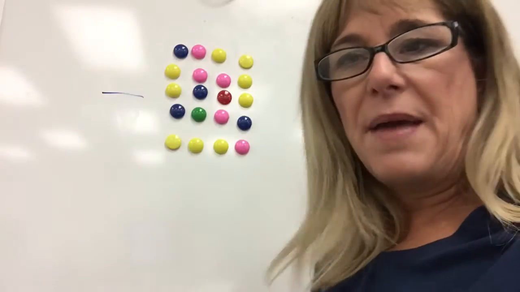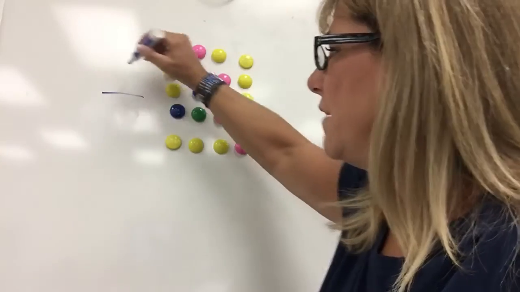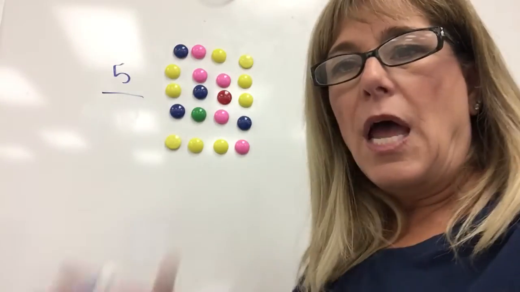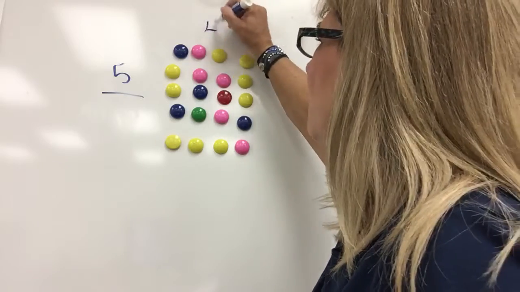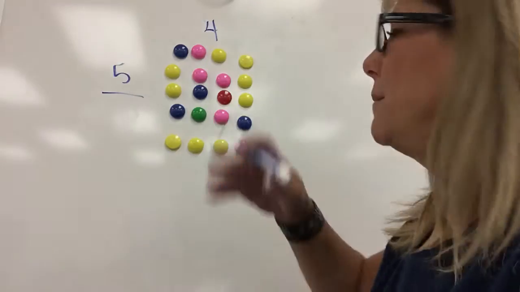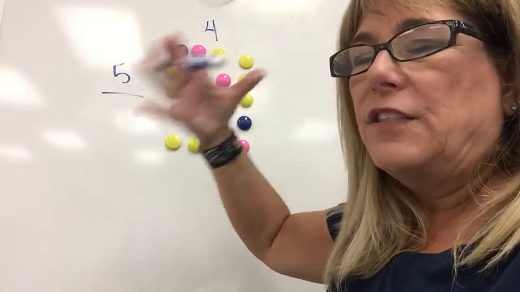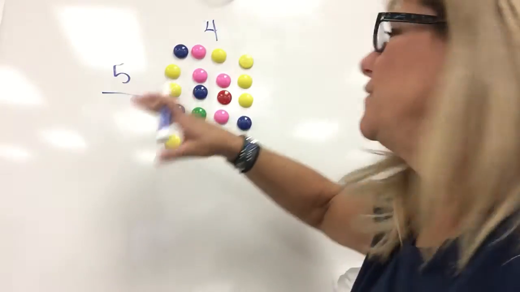So this is the amount of groups. I have 1, 2, 3, 4, 5. I have 5 groups. And what's the size of the groups? 1, 2, 3, 4. I have 4. So when I find all this information out, I can do a multiplication problem and a division problem.